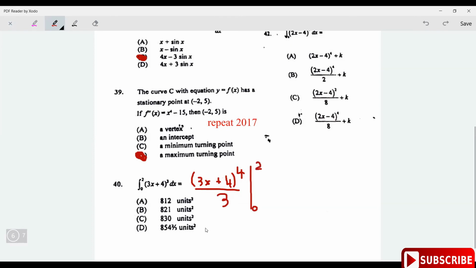So plug in 2 now. 2 times 3 is 6, 6 plus 4 is 10, 10 to the 4 over 3. That's what I get. What is 10 to the 4 over 3? Put that in a calculator.